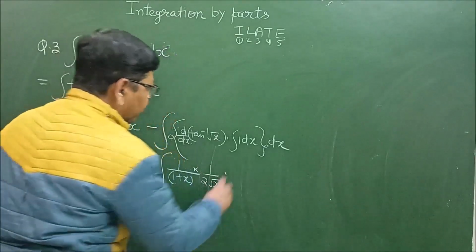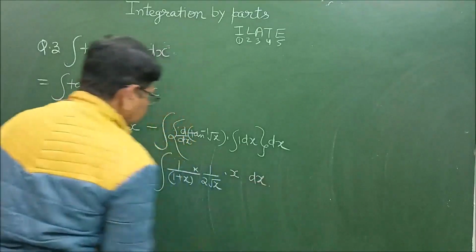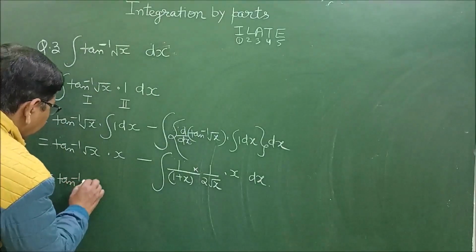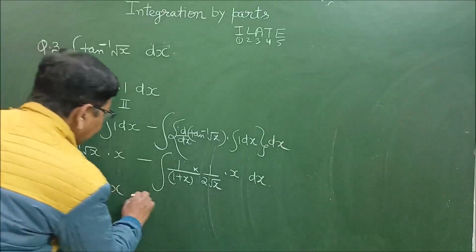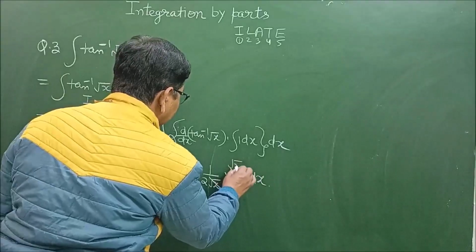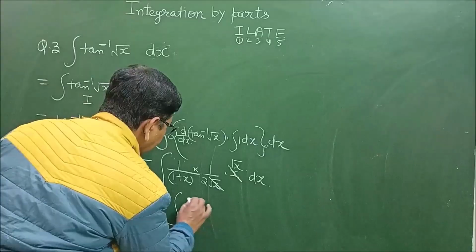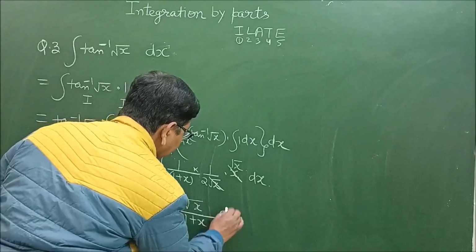Now the integral of 1 is x dx. So this is equal to tan inverse under root x into x minus, root x time cancelled, so we have 1 upon 2 into integral of root x upon 1 plus x dx.